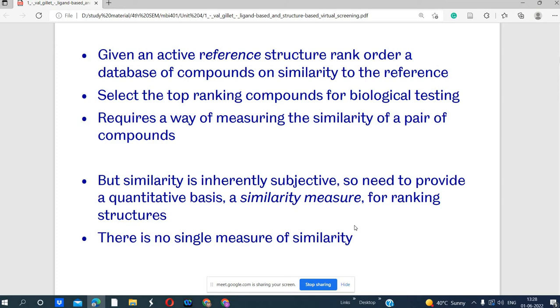Suppose the molecule is closely similar, then what is the need to synthesize a new molecule? Can we use the old reference structure? There should be some difference, or some impact on the activity. Activity is important.